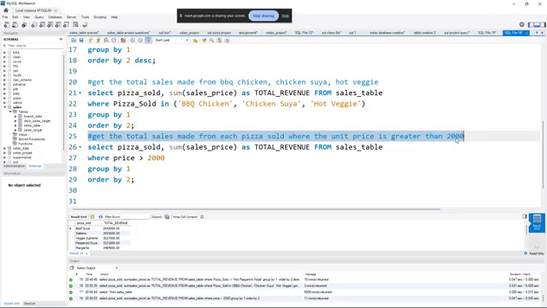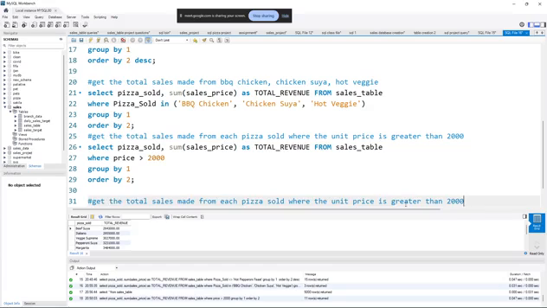The next question now is, it is not unit price they want. Where the total sales that we made, that sum of sales price, is greater than 3.5 million. You know, the total sales that was made for each pizza is in millions, right?